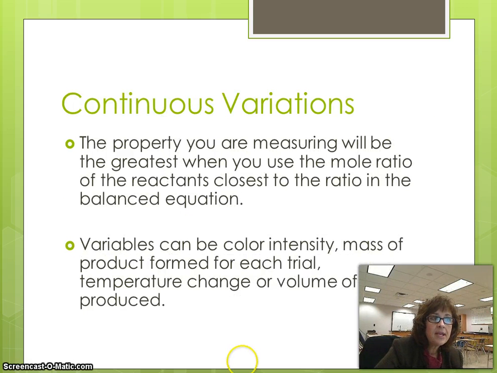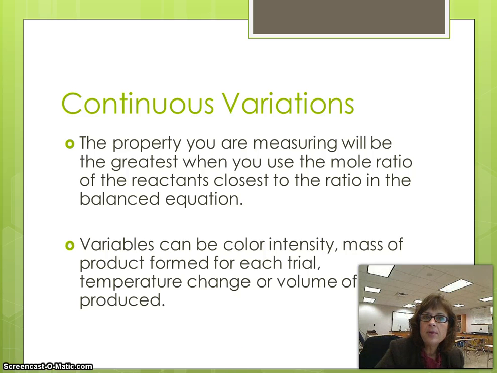The property that you're measuring is always the greatest when the mole ratio of reactants is closest to the balanced equation. For example, if you're measuring gas, the maximum amount of gas will always be when you get the ratio right. So if you're using 20 milliliters of A and 30 milliliters of B, and you get the most gas, then your ratio is a 2-to-3 ratio.